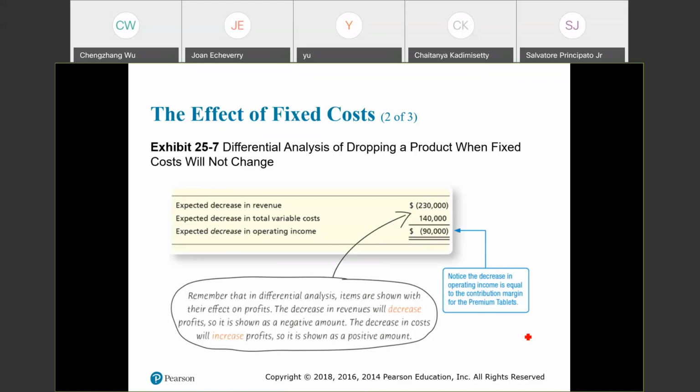Also, let's assume this company makes the premium tablets in the same plant using the same machines as the standard tablets. So only the contribution margin the premium tablets provide is relevant.